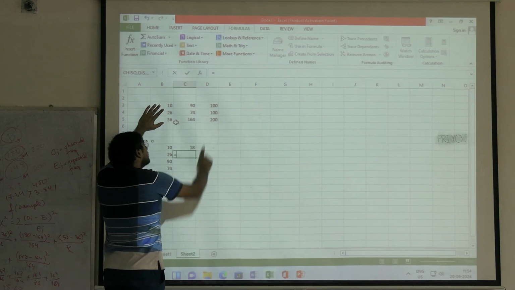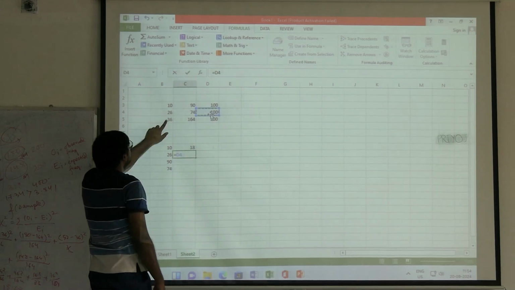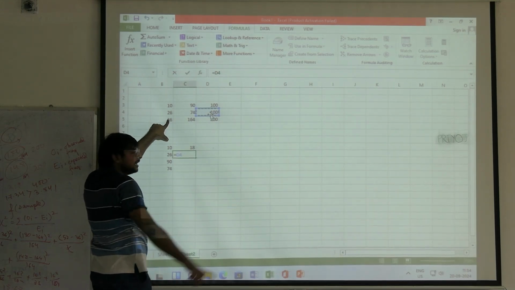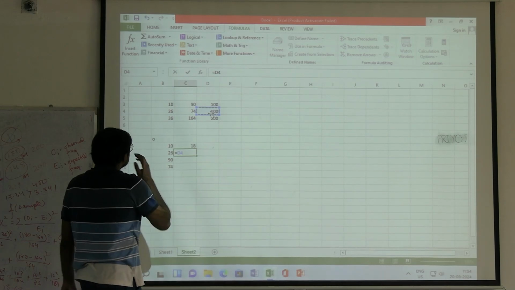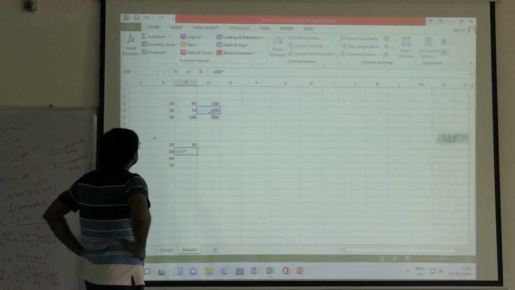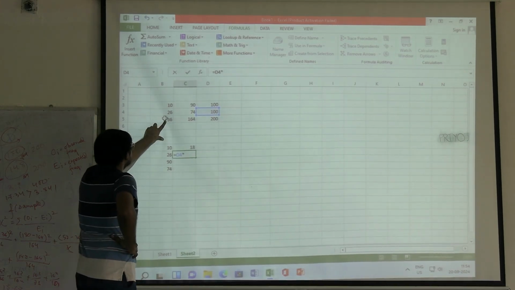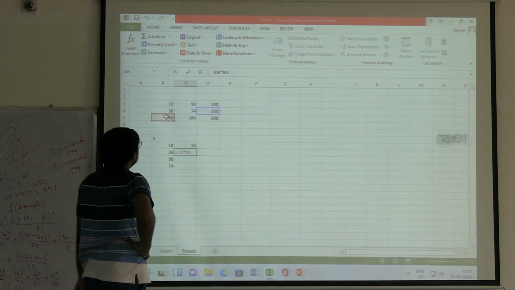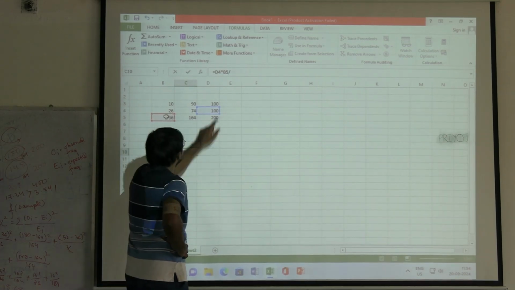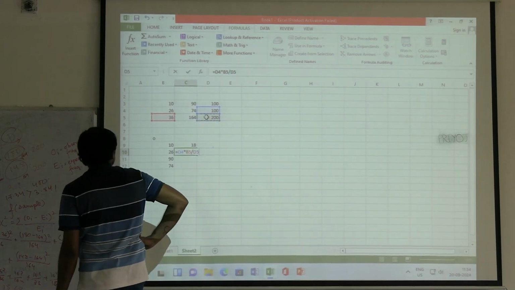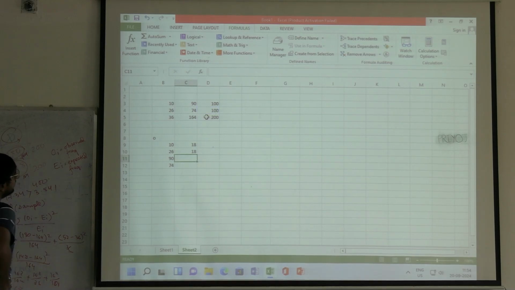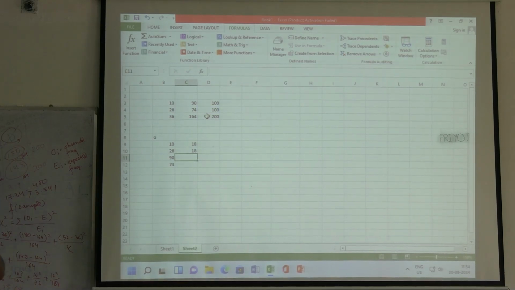What is the column total? This, 36. Multiply and divide by 100. Enter. It will be 18 only, but do all of the four.